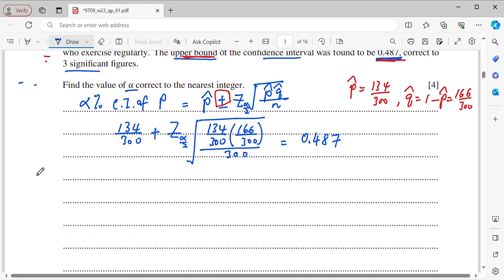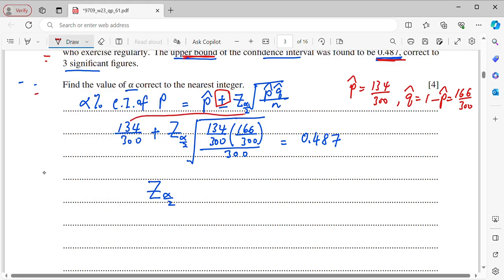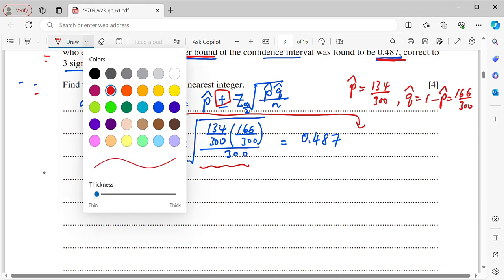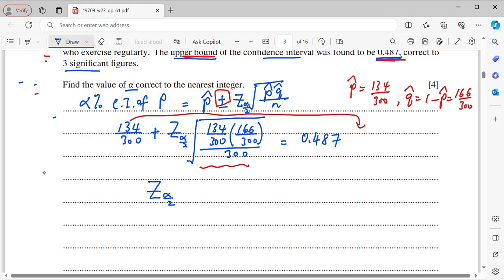Alright, so now to get the z value, z alpha over 2, firstly, I will move this 134 over 300 to the right side, becomes minus. Then this whole square root will be moved to the other side, becomes divide. Or you can just switch the position, the numerator and denominator. Then here I will be getting 0.487 minus 134 over 300.